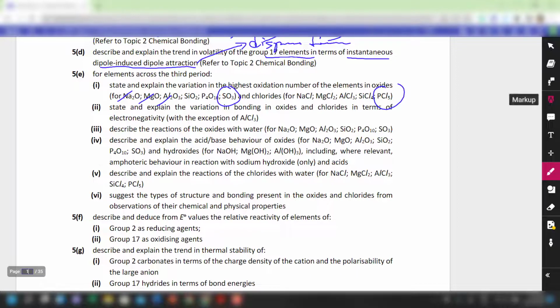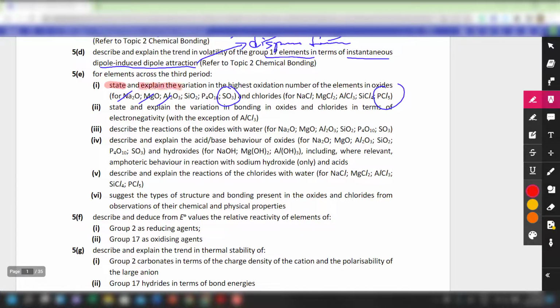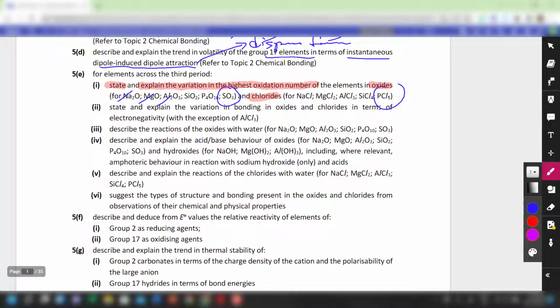Okay, but do take note of one very important idea in your learning objective. You are basically required to state and explain the variation in the highest oxidation number of elements in the oxide. Yeah, so these are the oxides, highest oxidation number, and the chlorides. Okay, so basically, in short, only the oxides and chlorides are in your curriculum, and those of the highest oxidation states.